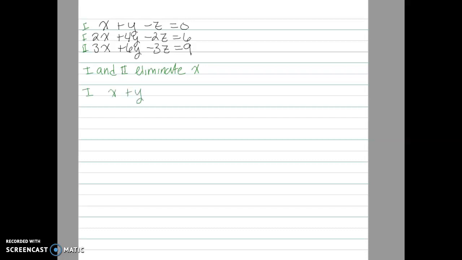So I'll have to multiply the first equation in order to eliminate x. Right now I'm just rewriting both of them. Multiply the top equation by negative 2.